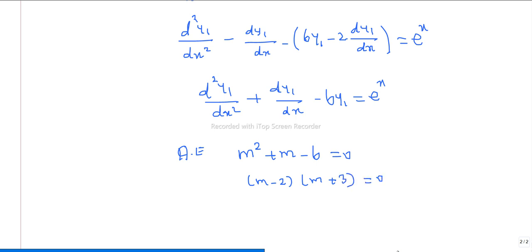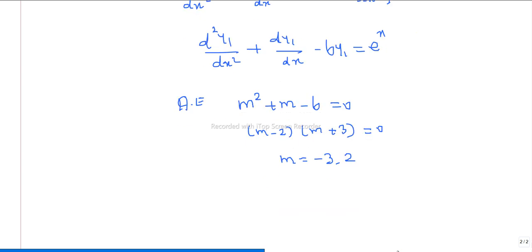Okay, so the roots are 2 and minus 3, therefore minus 3 comma 2 are the roots, and the complementary function is c1 times e power minus 3x plus c2 times e power 2x.